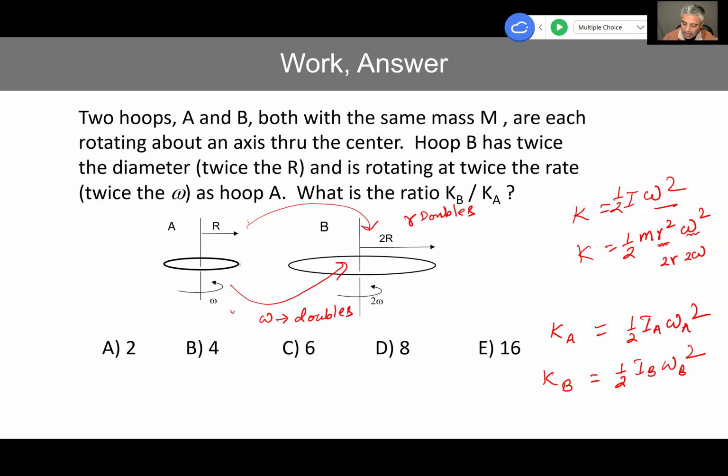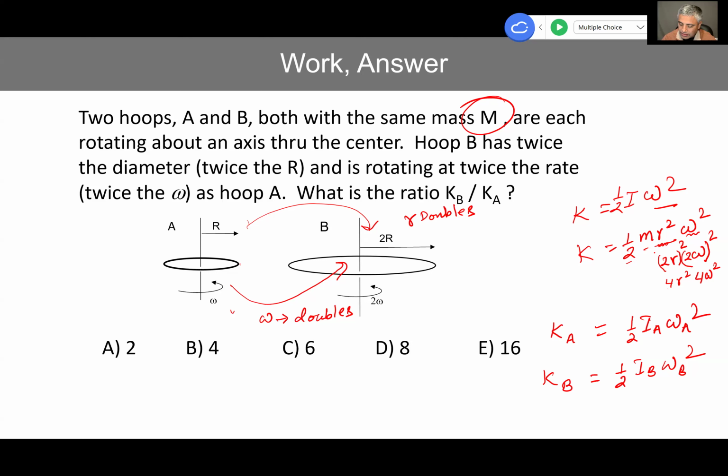But this equation has not just R, but R squared. Remember, the things that are the same, for example, mass is the same for both hoops, we don't have to worry too much about. But the radius is changing, and in this equation radius is squared. Similarly, speed is changing, and in the equation, speed is squared. So what do we get here? We get a factor of 4 from that and a factor of 4 from the speed.